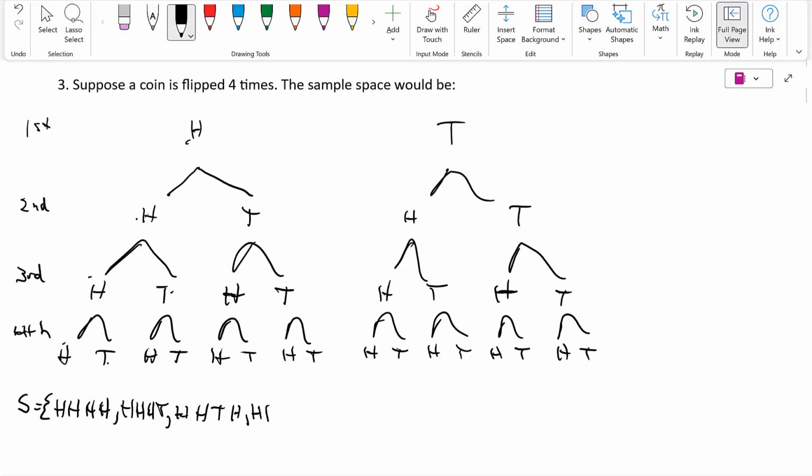And then we could get heads, heads, tails, tails. Now we're starting on the other side with heads and then tails. So heads, tails, heads, heads we could go down. We could go heads, tails, heads, tails. We could go heads, tails, tails, heads. And to finish off that left side, we could go heads, tails, tails, tails.